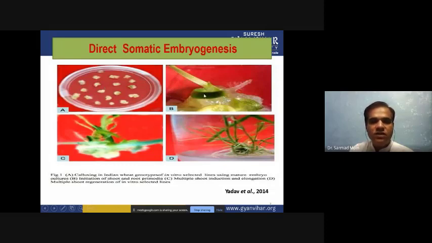In this photograph you can see the somatic cells, which can be utilized for the production of the plant, and this wheat variety can be produced from direct somatic embryogenesis.